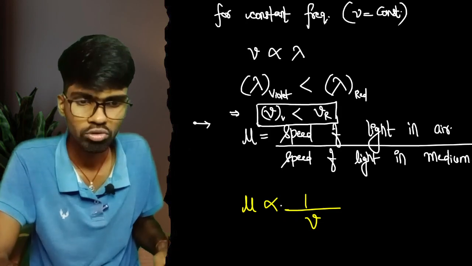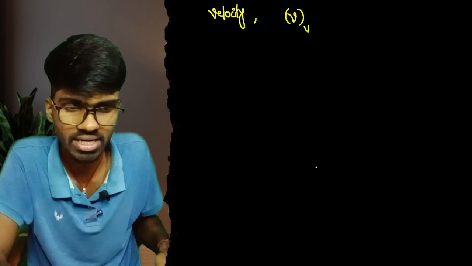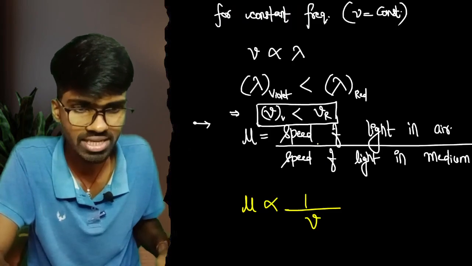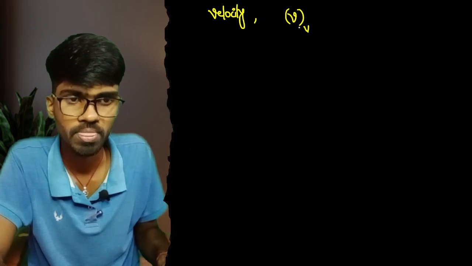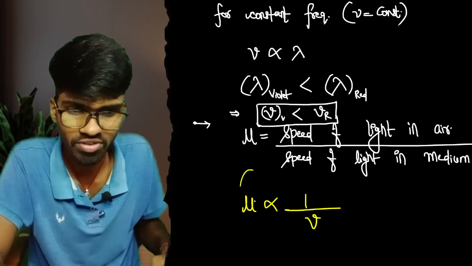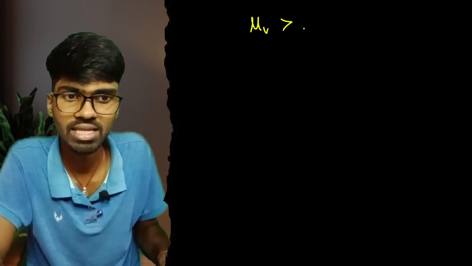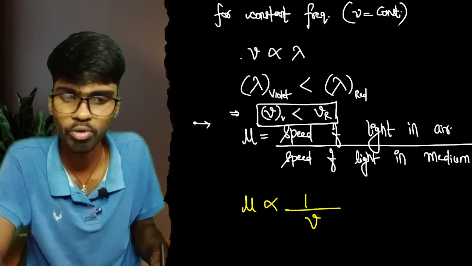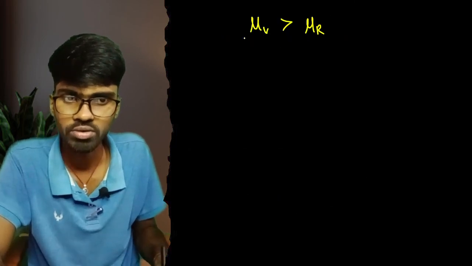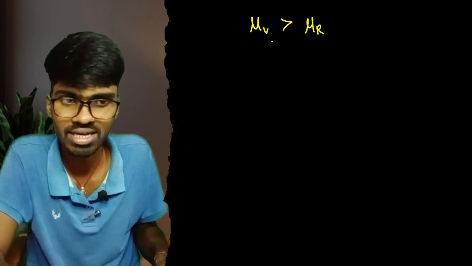Okay, now since refractive index depends inversely on velocity, and velocity of violet is lesser than velocity of red, about refractive index we can say that the refractive index mu of violet will be greater than that of red. Okay, another point we have reached: the refractive index of violet will be greater than that of red.